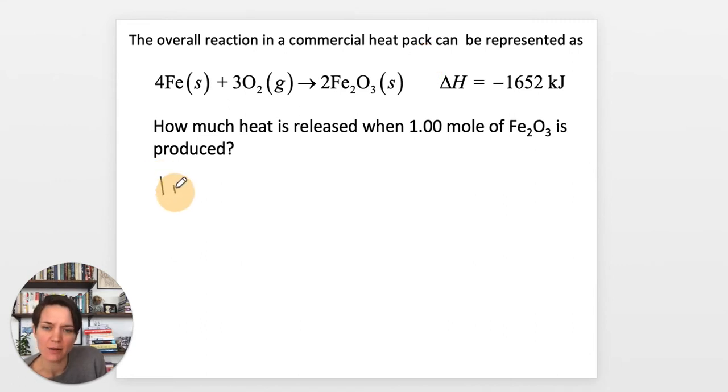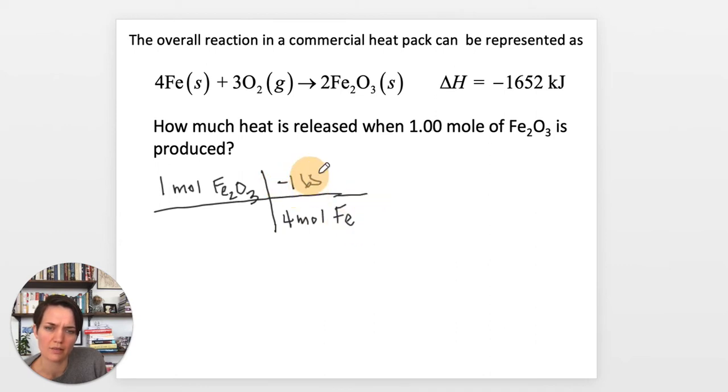So this is saying, what happens if you have 1 mole of iron oxide? Well, we have 1 mole. We know that if we had 4 moles of iron oxide, we would get negative 1,652 kilojoules, right? We have 1/4 as much.